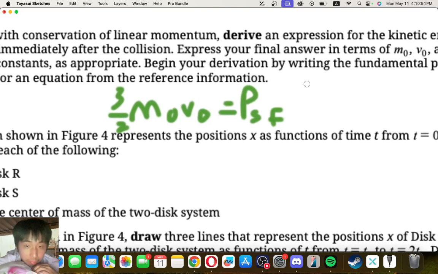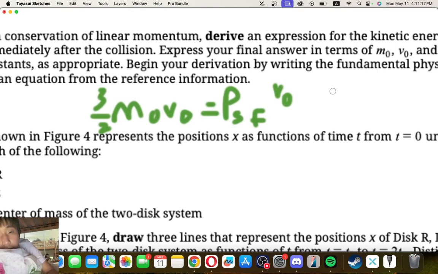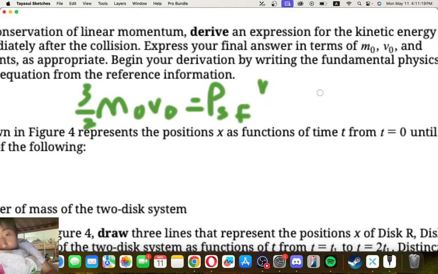Alright. Or you can say that the V, or I don't know where I wrote V. Oh yeah, it is VO. That VO, or, frick, I don't even know anymore. I don't know anything. Whatever.